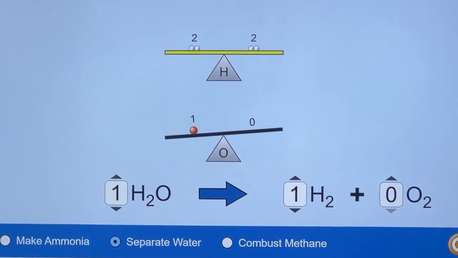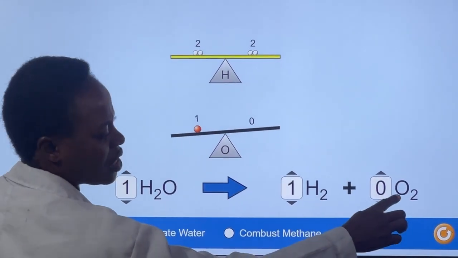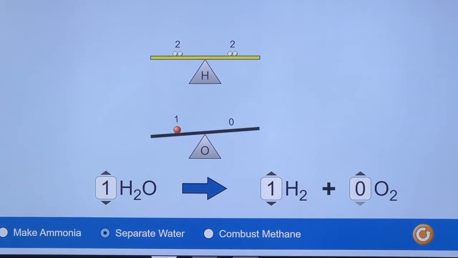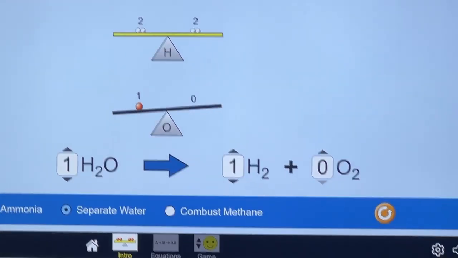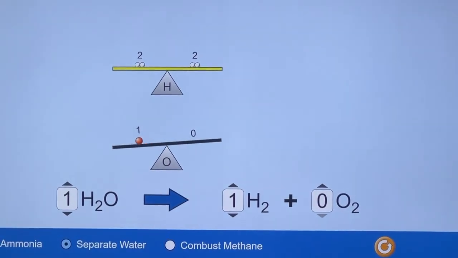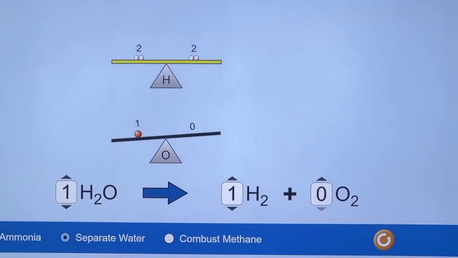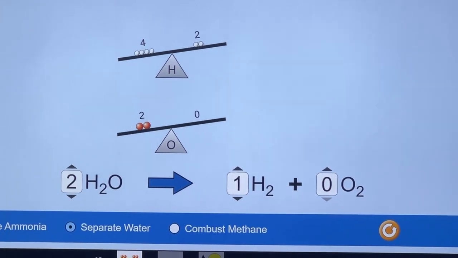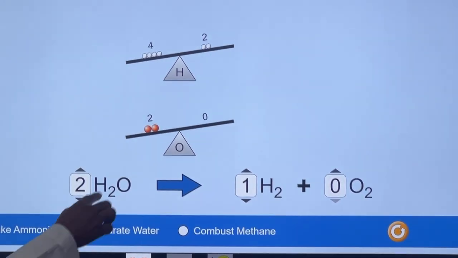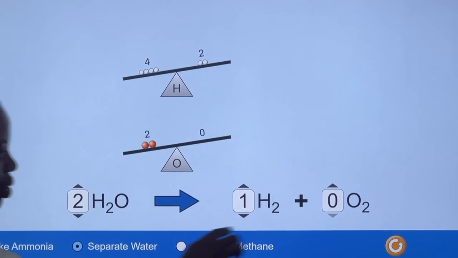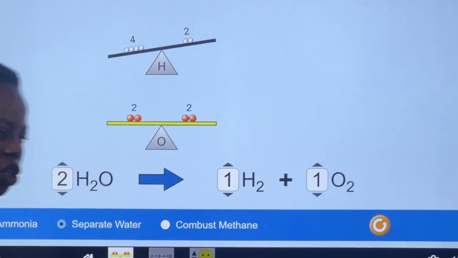Now let's come to oxygen. How many oxygen can you see here? 2. But on this side, we have 1 oxygen. It's not balanced. How do I balance it? Well, increase the coefficient here by 2. Oxygen here is 2.